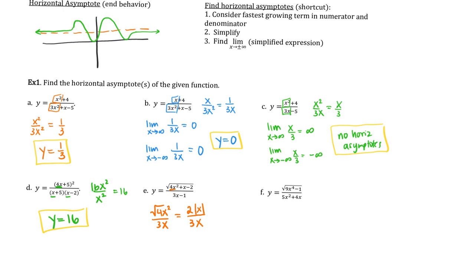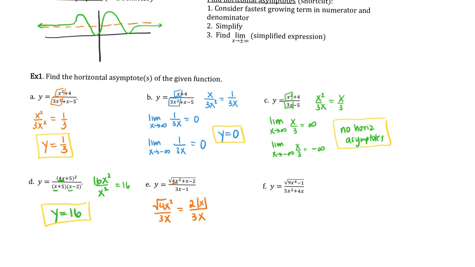Now we're going to be careful on this one because it seems like it's going to be 2/3, but that absolute value is making me question whether it will be a positive or a negative. So let's consider both situations. If I plug in positive infinity, this is going to be positive. This will be positive, so they will cancel off, and I'm going to get y equals 2/3.